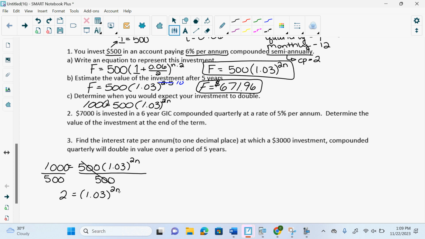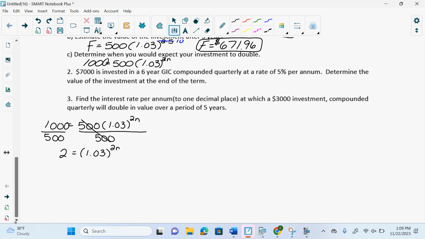All right. The variable is in the exponent. When the variable is in the exponent, what must I do? Convert to log. I thought I heard someone whisper that. So I get log base what? What's the base of my exponent? 1.03. And what's going to go beside it? A 2. And it equals 2n. How do I get n by itself?